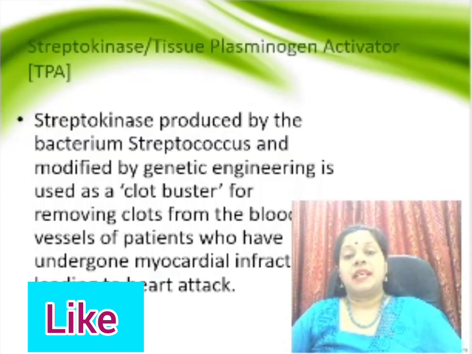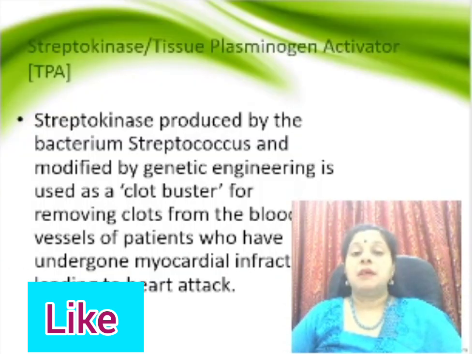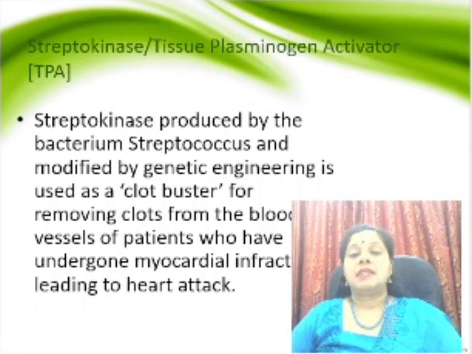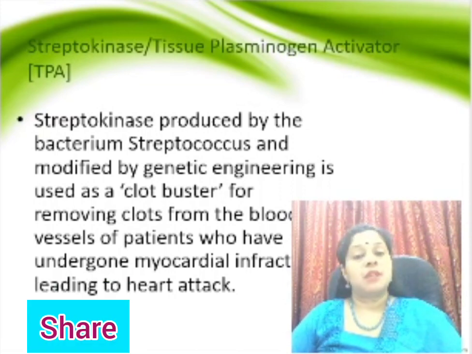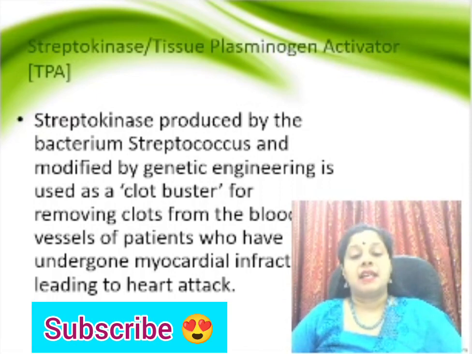Now we are going to study another enzyme which is used in the medical field. One is streptokinase, that is otherwise called a tissue plasminogen activator, TPA. Streptokinase is produced by a bacterium called Streptococcus and modified by genetic engineering. It's used as a clot buster for removing clots from the blood vessels of patients who have undergone myocardial infarction leading to heart attack.